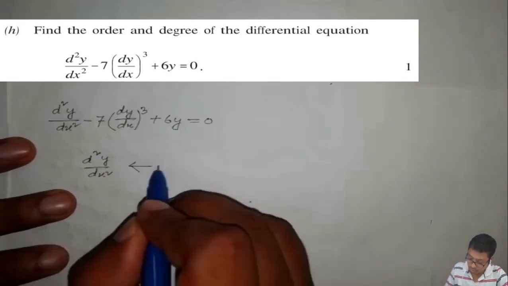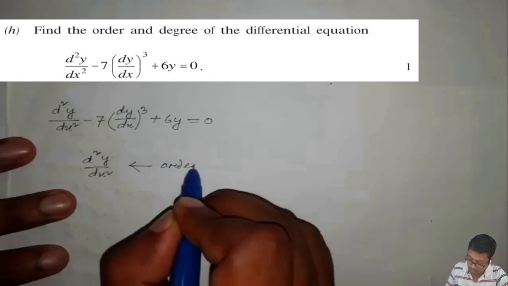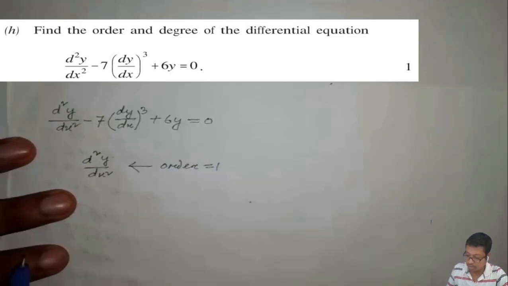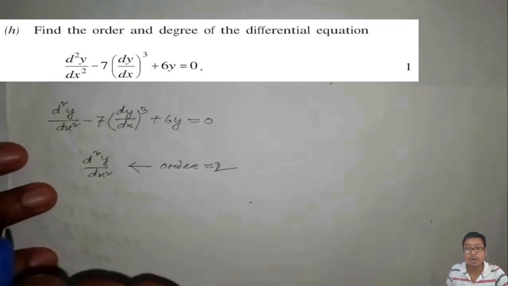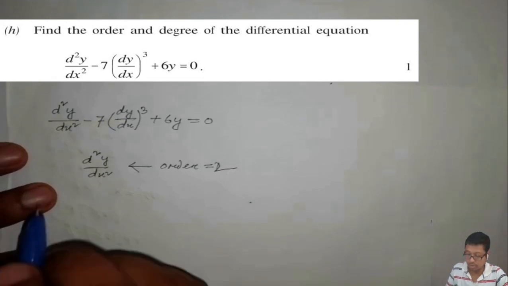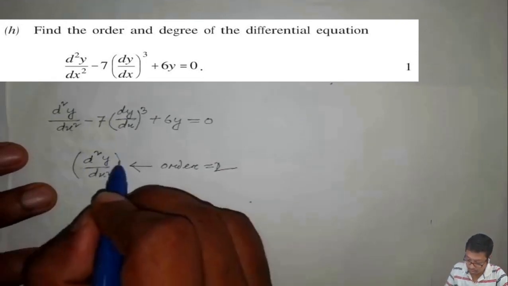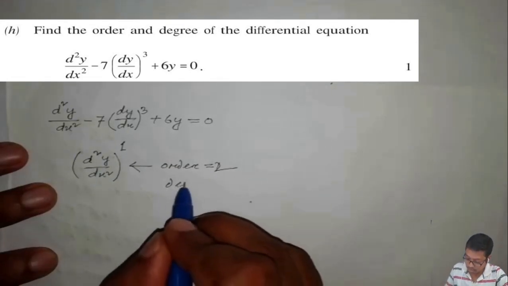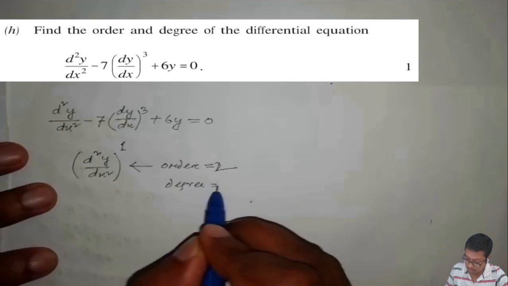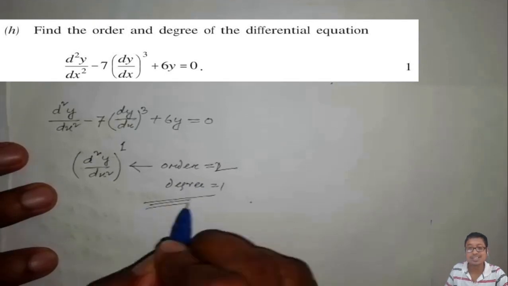So from here we can say order will be 2, and also we have to see the highest power of this highest order derivative. If I see that, the highest power is 1, therefore degree will be 1. That is the answer.